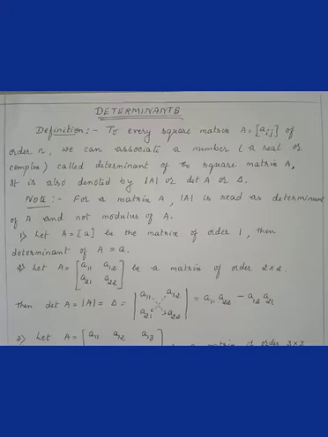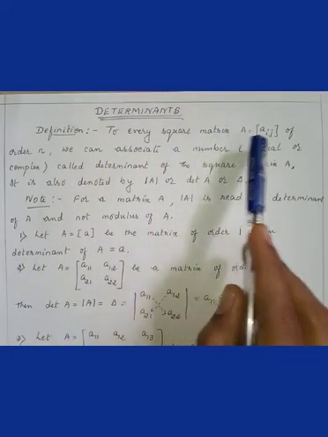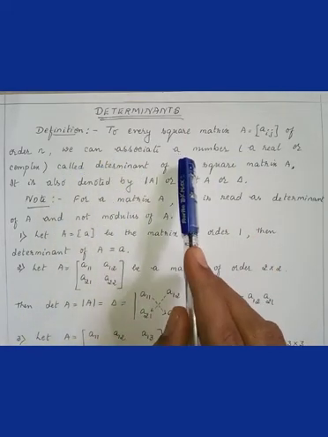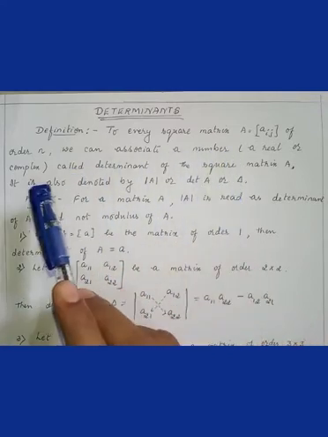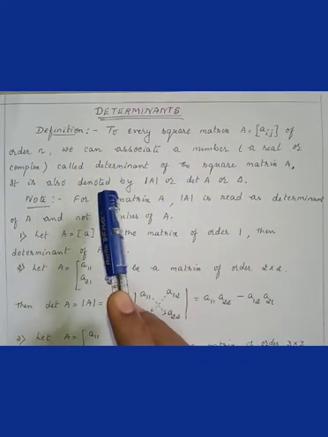Therefore, the one important thing to find determinants is that the matrix should be a square matrix. To every square matrix A of order n, we can associate a number, which may be real or complex, but in this chapter we consider real numbers.